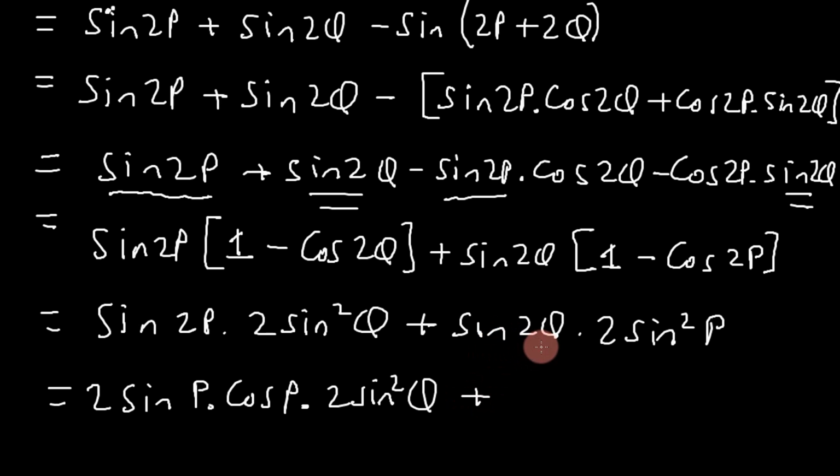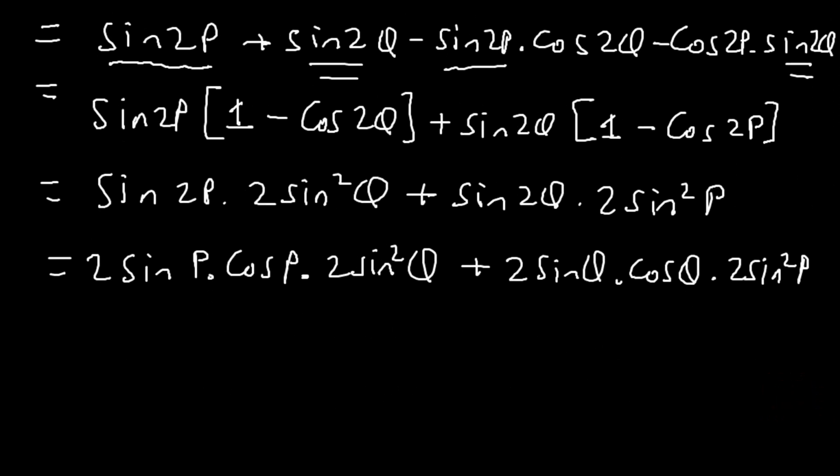Similarly, the sine of 2q is twice the sine of q times the cos of q. We can simplify. 2 times 2 is 4 here.